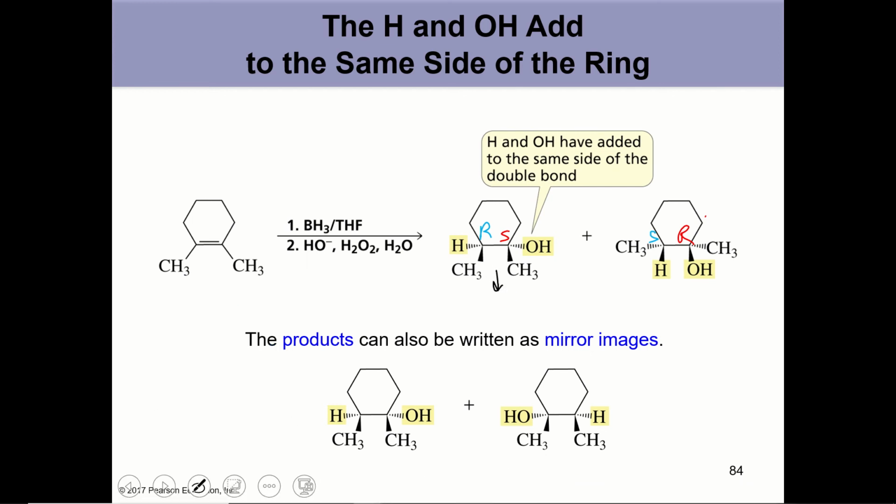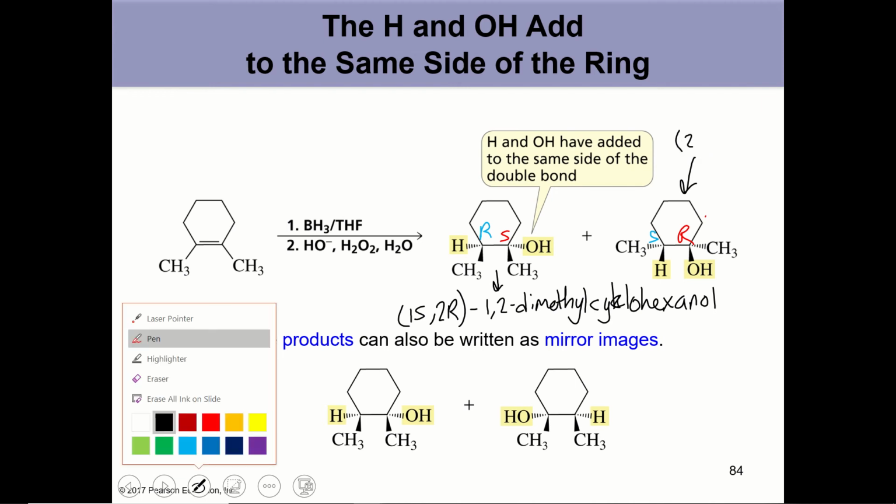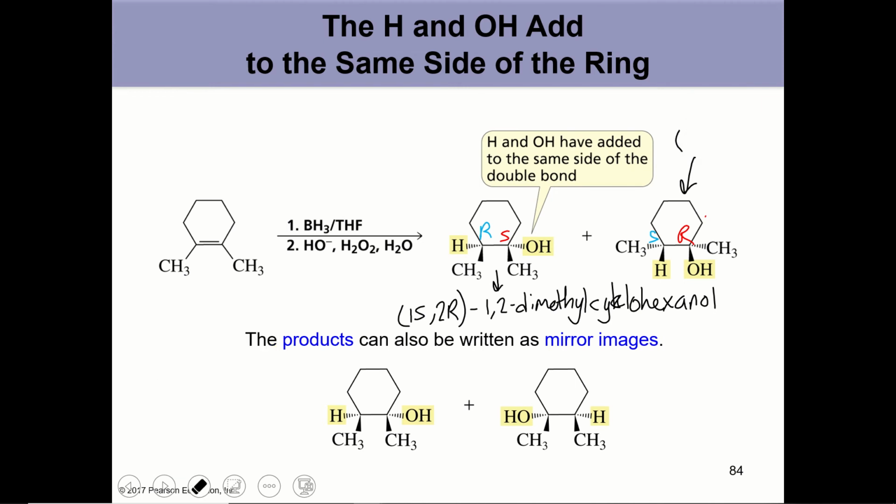So for this one, we would have 1S,2R-1,2-dimethylcyclohexanol, which would mean that the difference for this ring would be that it would be 1R,2S, and then the rest of the name would be the same.